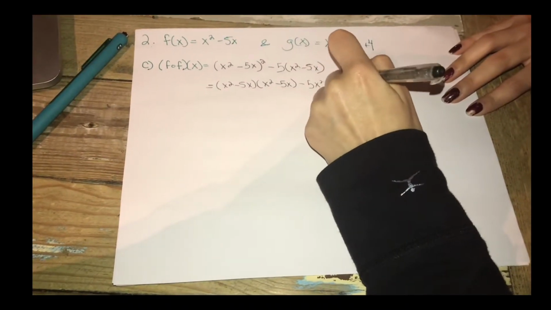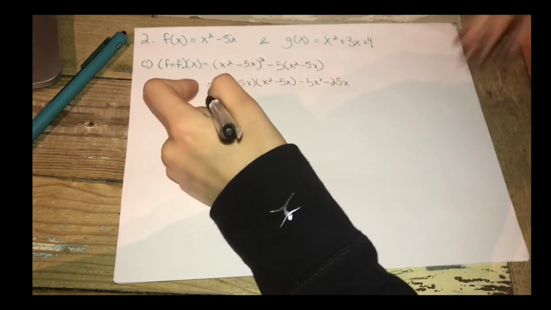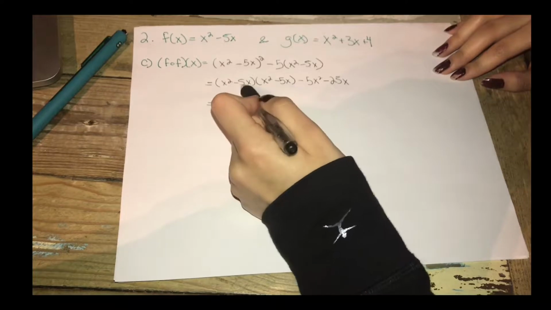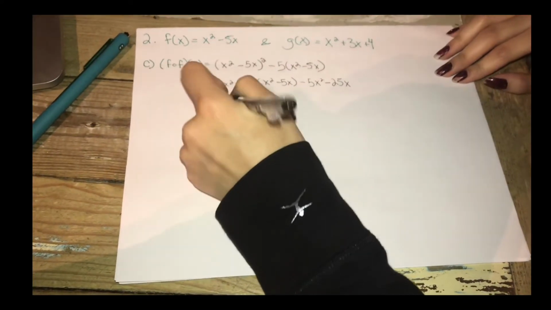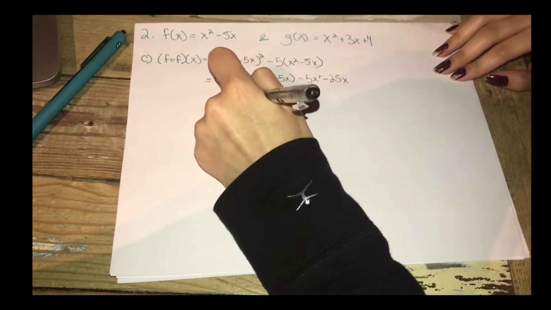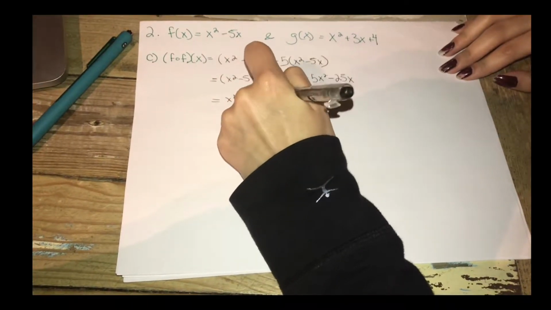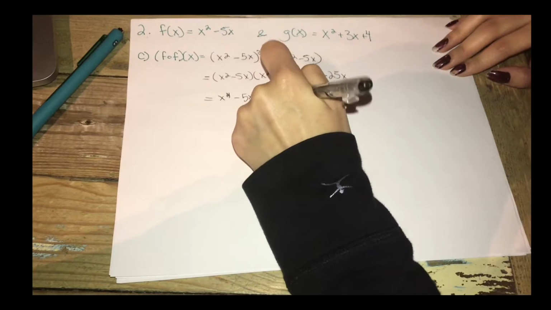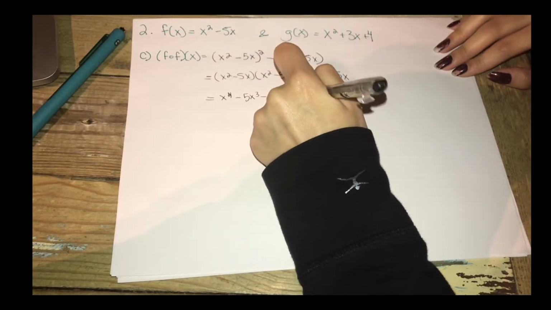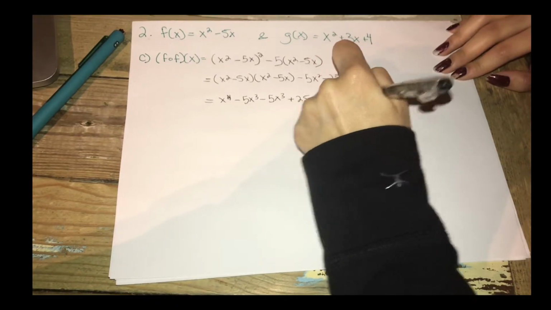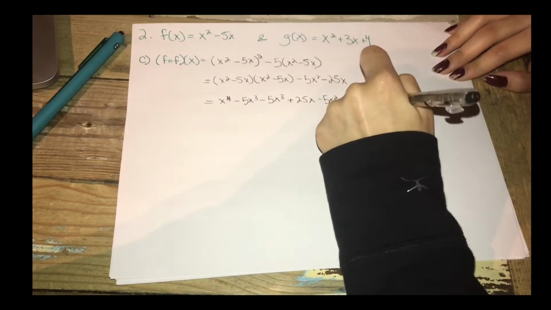Then you would multiply and distribute the first two. So it would be x to the fourth minus 5x to the third minus 5x to the third plus 25x squared, and then bring down the rest of the equation, which is negative 5x squared minus 25x.